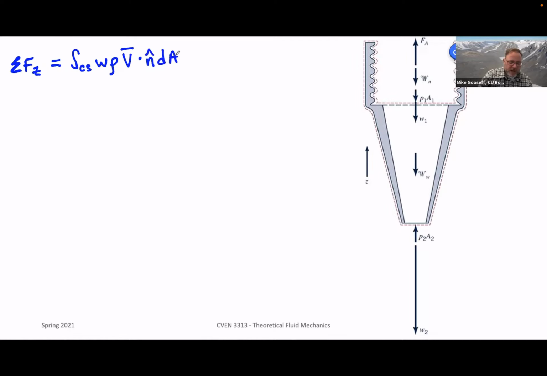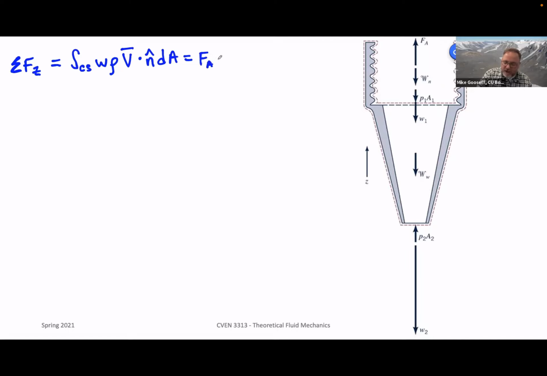And we can now rewrite this integral as being equal to, on the right-hand side, all the forces together that we wrote on the previous slide. So this sum of the forces in the z, let's put all those forces now on the right-hand side. We're going to have FA acting upwards.